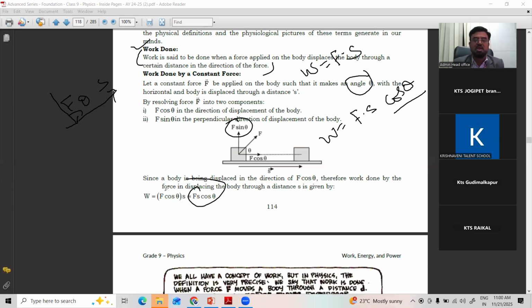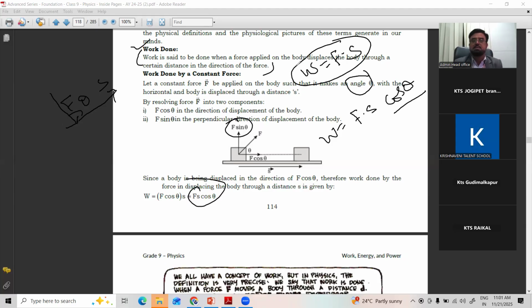In physics, not in general life. That example we'll see next. Right? Whenever the force applied and the direction of displacement are in the same direction, it does not matter, we get F into S only. This is the common formula.